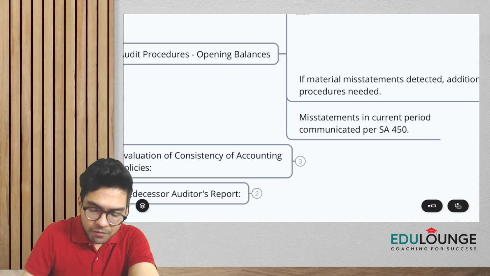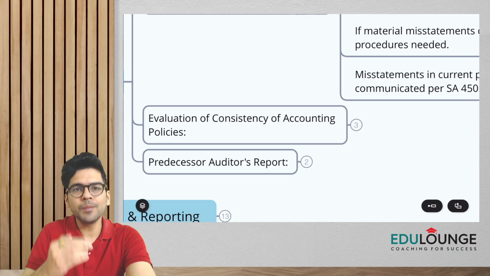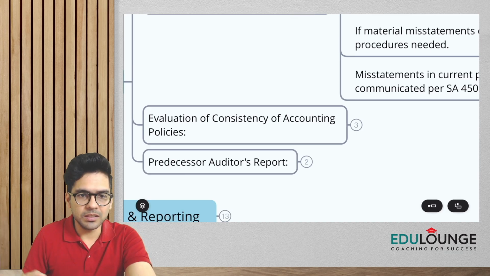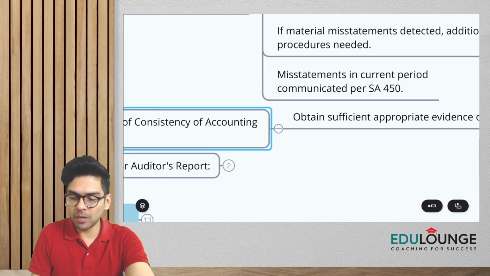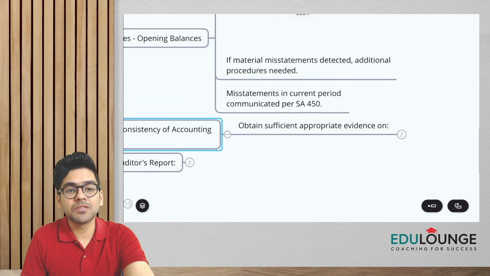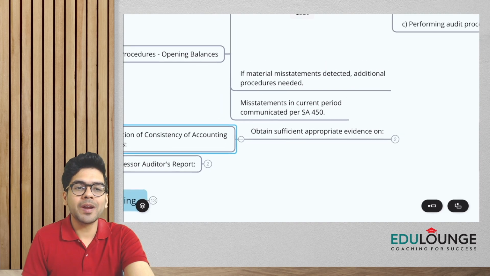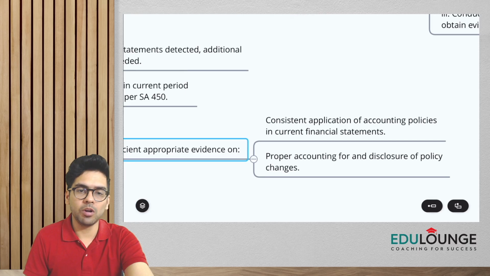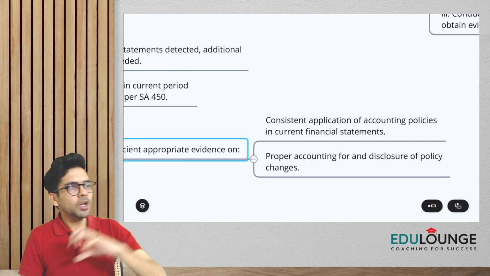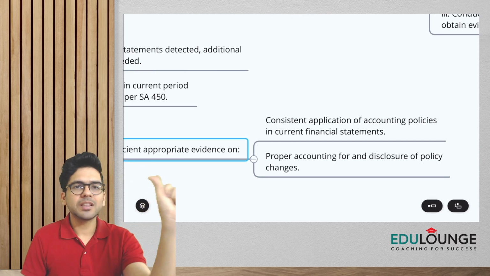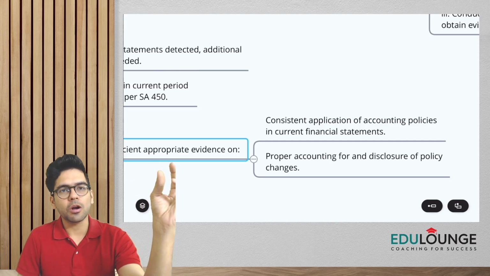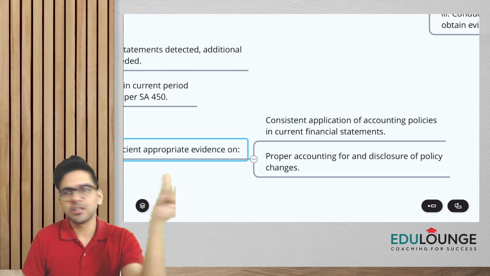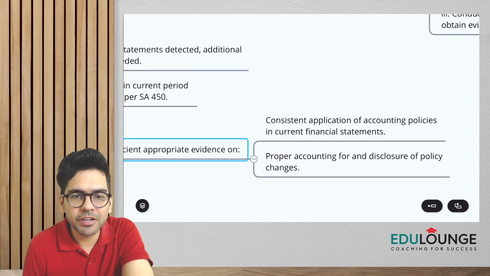But at the same time, you also have to see whether the accounting policies have been consistently applied. So, evaluation of consistency of accounting policies. As an auditor, guys, we have to obtain sufficient appropriate evidence on the consistent application of accounting policies in the current financial statements. Let's say they were valuing their stock as per weighted average last year; this year also we see whether they are following weighted average or not.